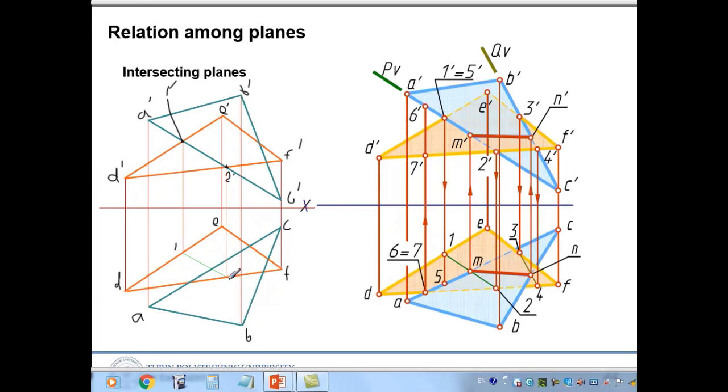So 1 and 2, and we'll find another adjacent points. So those points are here and here, and here. So that is a third one, 3 dash and 4 dash.